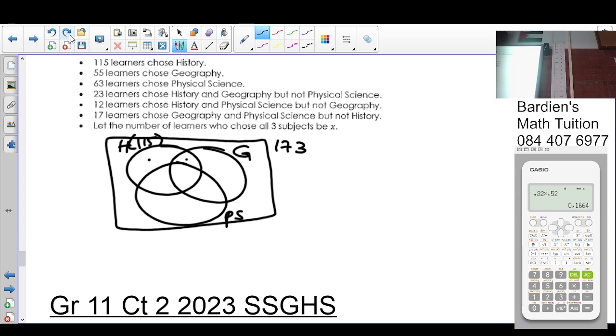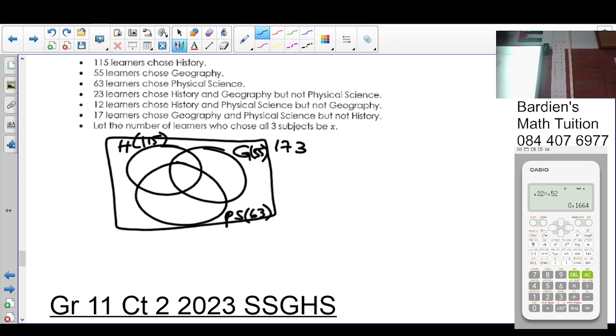Then 55 chose geography, so that means all of this here adds up to 55. 65 chose physical science. 63. Okay, so those four parts add to 63.